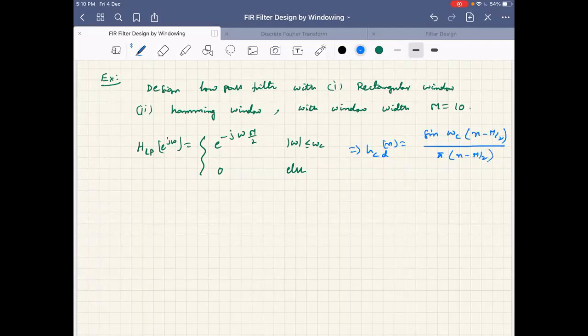This is the desired causal impulse response. If you sketch it, it extends from minus infinity to infinity, but the peak of this impulse response is at M by 2.